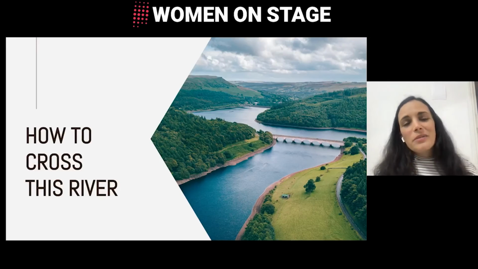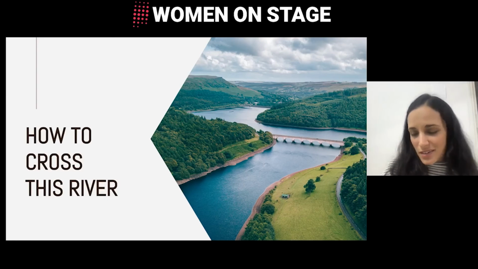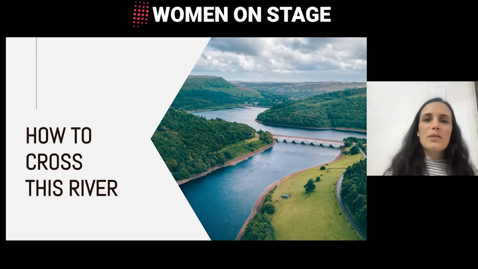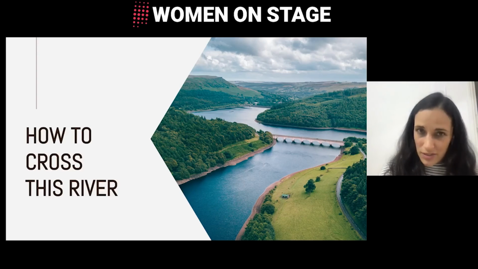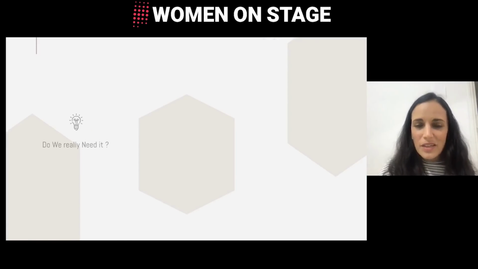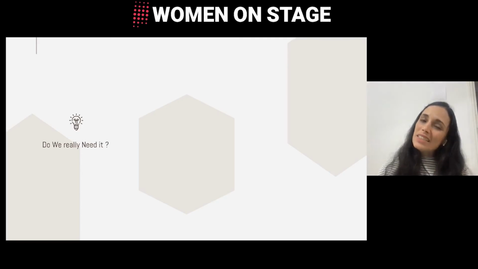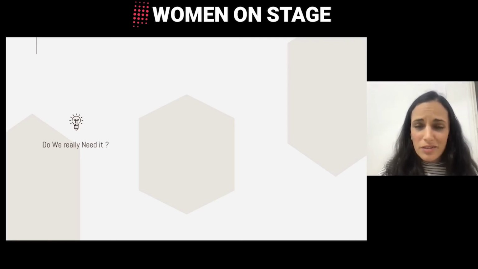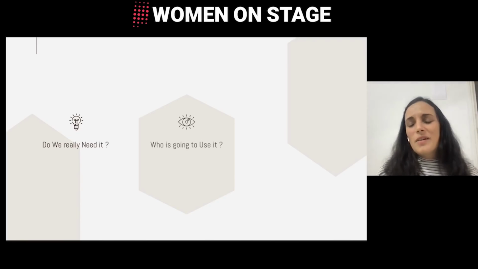Let's go back to the river story. How could you avoid over design in this case or in any case? All you need to do is ask yourself 3 simple questions. First question is, do we really need it? Do we really need a bridge to cross a river? Probably not. Who is going to use it?